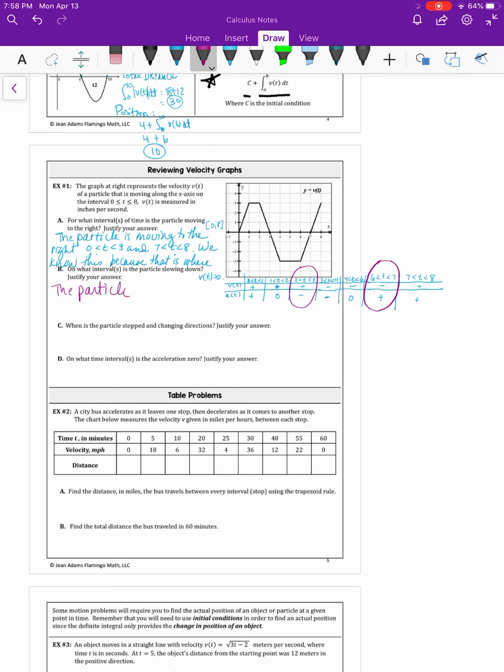acceleration. So on what intervals is the particle slowing down, and justify your answer. And I put the particle will slow down where v of t and a of t have different signs.